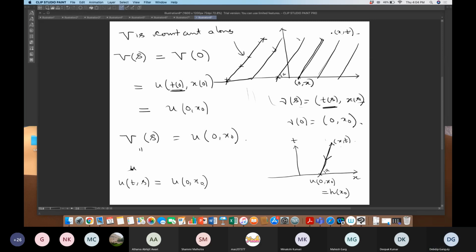Now x naught is any point, right? Can you substitute? Can you find the value of x naught? What is the value of x naught? Tell me. One minute, you think.